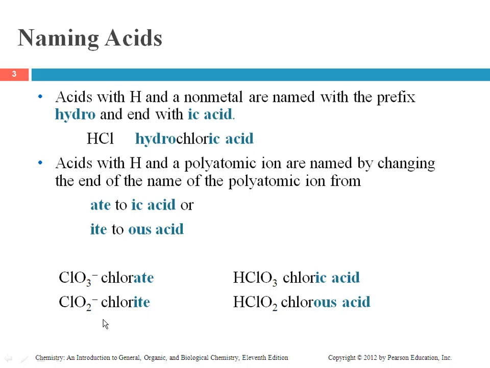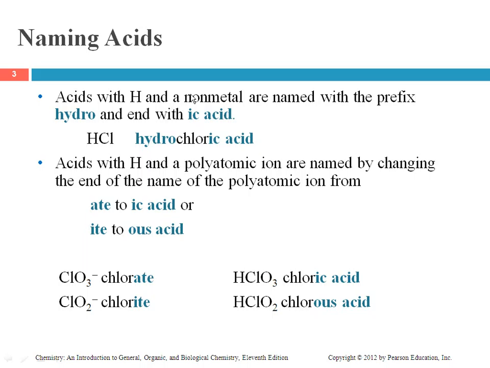If you look on your polyatomic ion list, you have chlorite. This is the polyatomic ion and the charge for chlorite. If you have ITE, then you change it to OUS acid, so it'd be chlorous acid. But notice how we're not saying hydrochloric acid or hydrochlorous acid. You're just saying chloric acid.